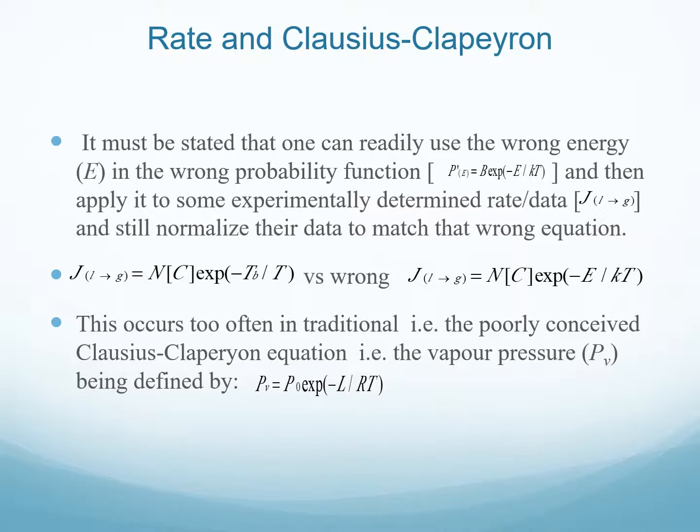And basically, you can now begin to understand why we made these mistakes. Boltzmann's exponential is such a powerful equation, and yet it has the big Achilles heel of being able to use the wrong equation and normalizing your data. And that is a big issue that's not accepted in thermodynamics.